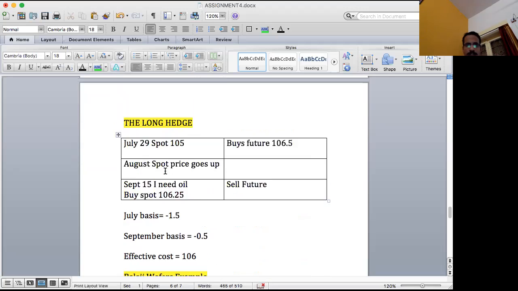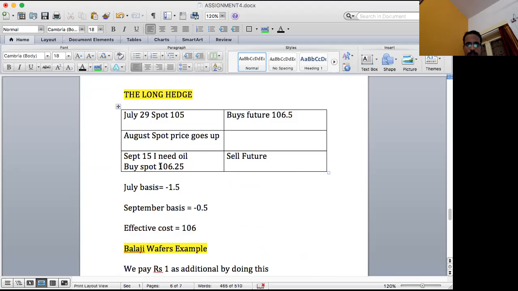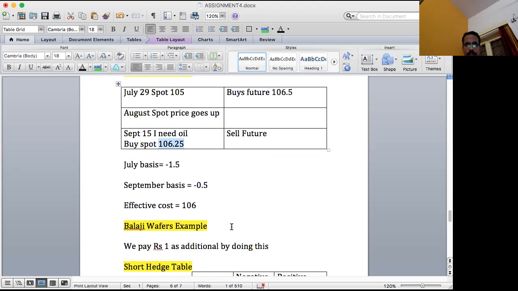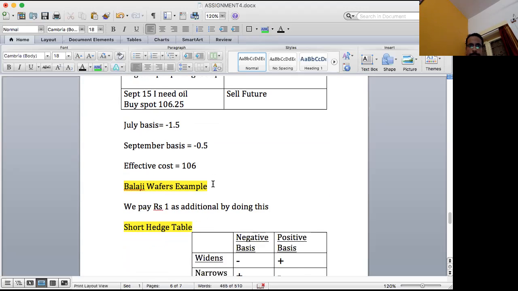So since the spot is 106.25, the future price in September is lower than the future price that was there in July.